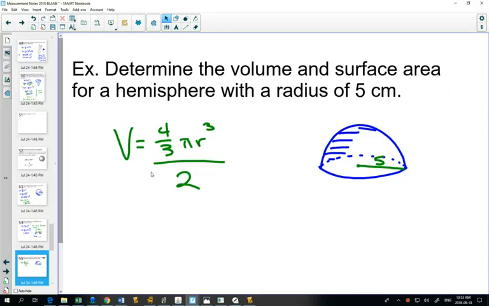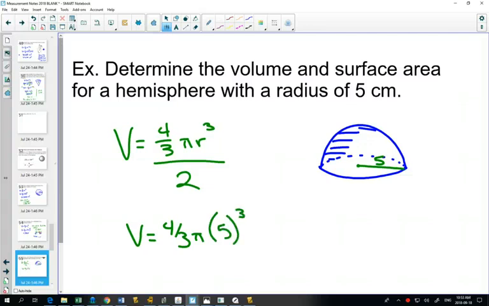You can type this whole thing into your calculator all at once. So, I'll show you that. 4 divided by 3, pi, the radius is 5, cubed, divided by 2.